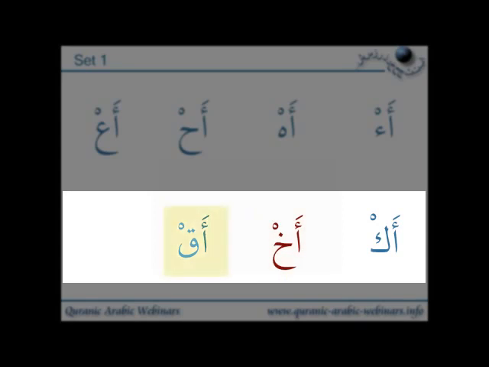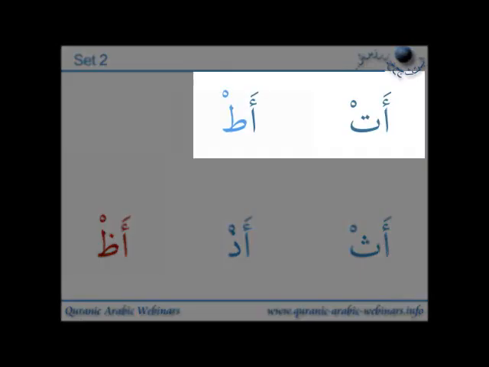And the third one is the qaf, which with sukun, i.e. when it's sakin, is qalqala, i.e. it's echo, aqqa, aqqa. So go through those three again, ak, akh, and aqqa.